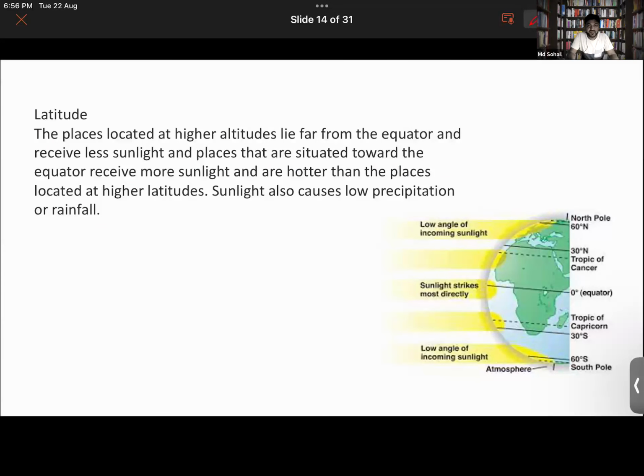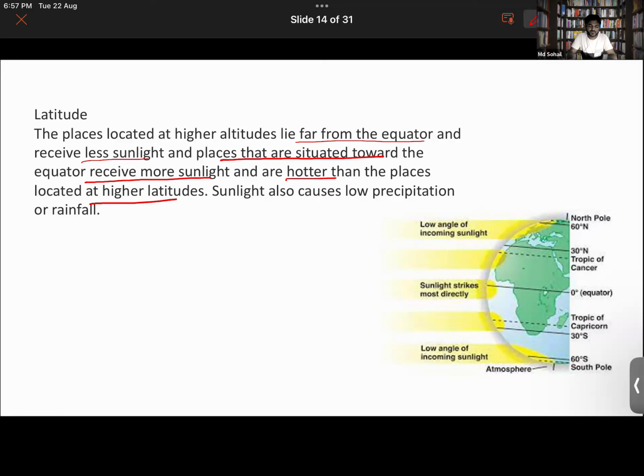So the places which are located at higher latitudes and lie far from the equator will be receiving less amount of sunlight. And places situated toward the equator receive more sunlight and are hotter than the places located at higher latitudes. So here you can see the duration for which sunlight is falling is varying drastically. Hence, that will determine the climate of that region, obviously.